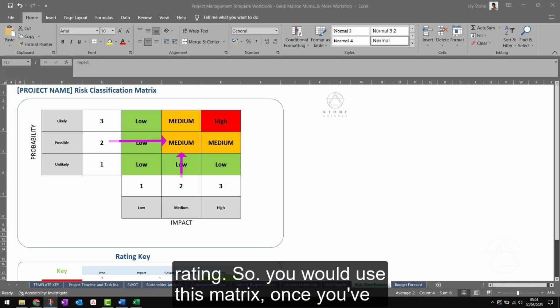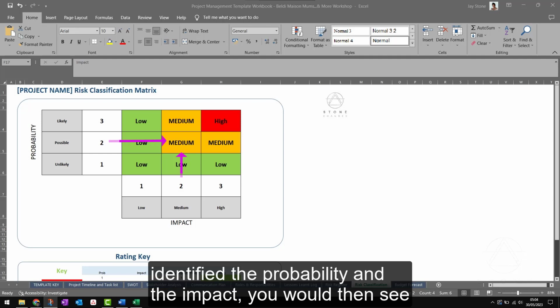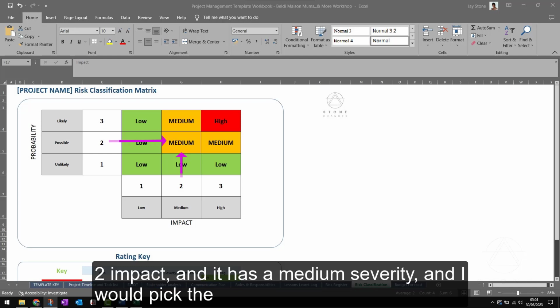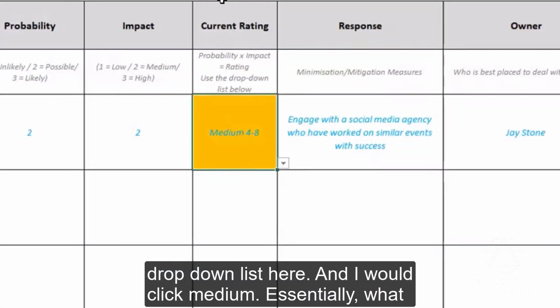Yep, so you would use this matrix once you've identified the probability and the impact, you would then see where those 2 meet. So I've given it a 2 probability and a 2 impact, and it has a medium. And I would pick the drop down list here and I would click medium.